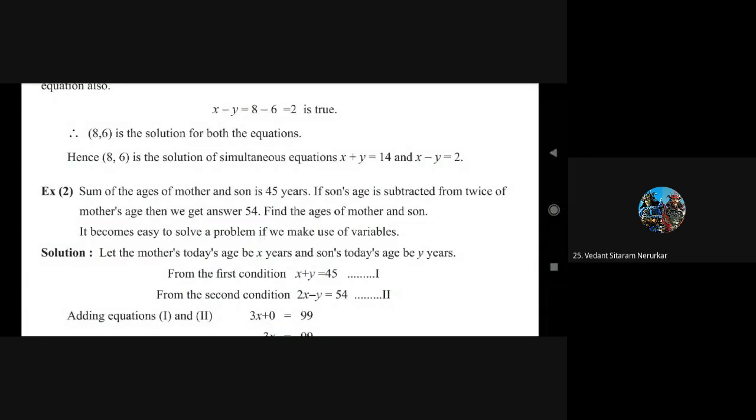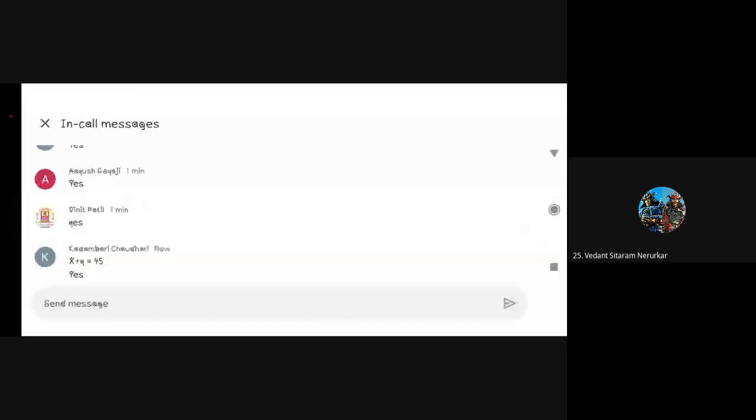Now see, if son's age is subtracted from twice of mother's age, then we get the answer as 54. Now we have the second statement, so from the second statement we have to form the second equation. So see, read again: if son's age is subtracted from twice of mother's age. My question is, what is twice of mother's age?